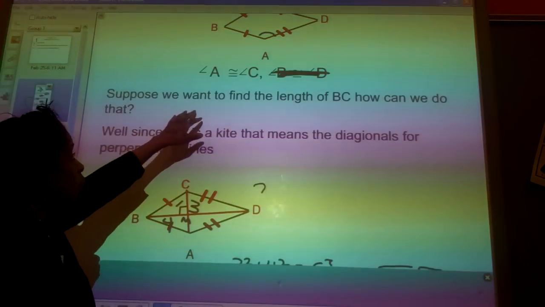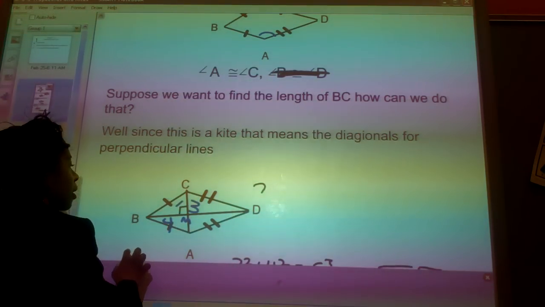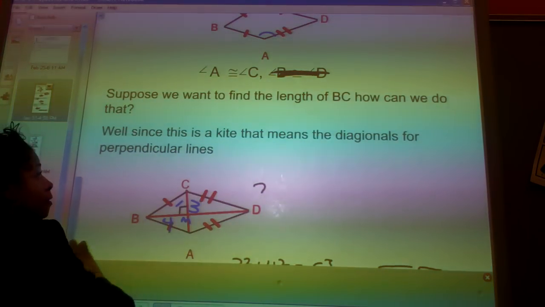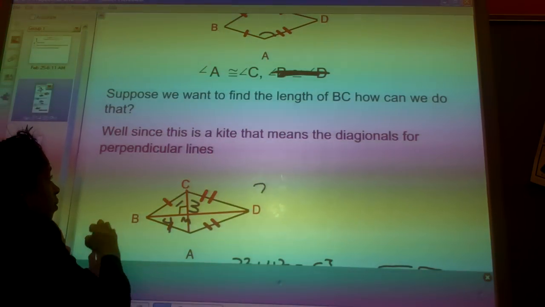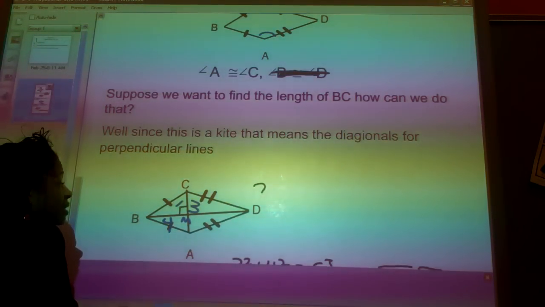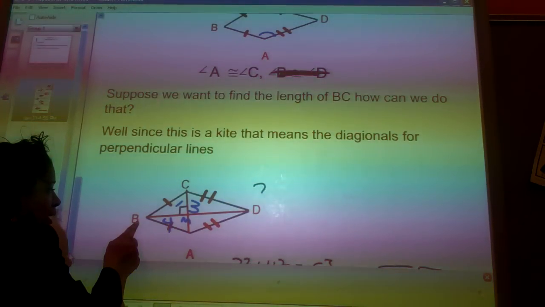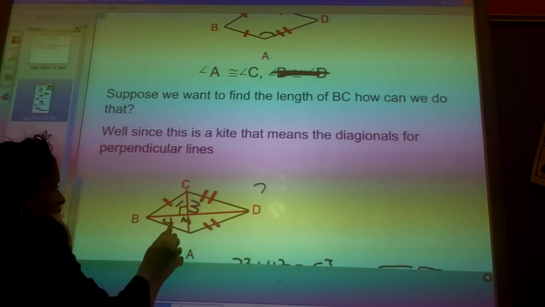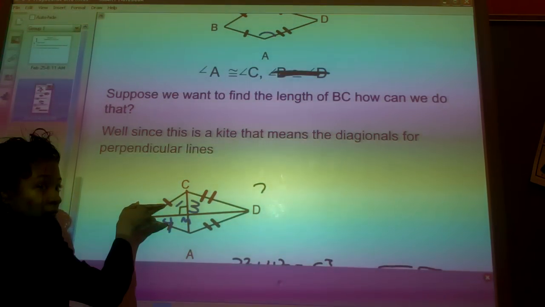Okay, let's suppose we want to find the length of BC. Okay, how can we do that? Well, since this is a kite, and I know it's a kite because I see AB is congruent to BC, they're the same length, and they're consecutive next to one another.